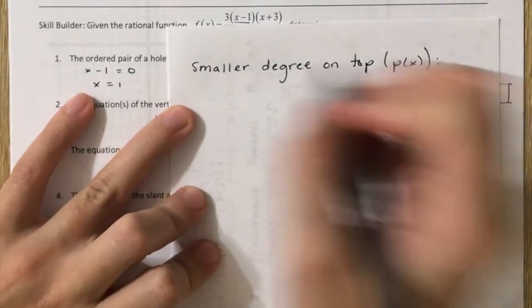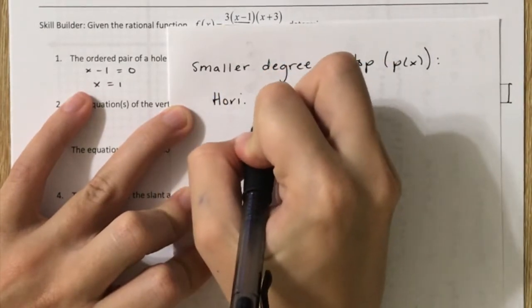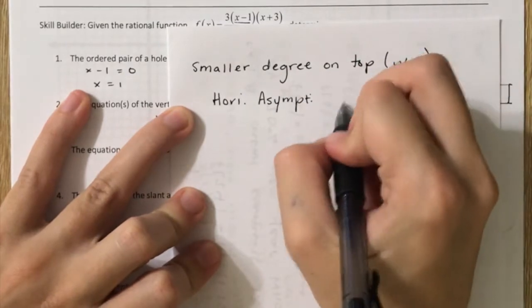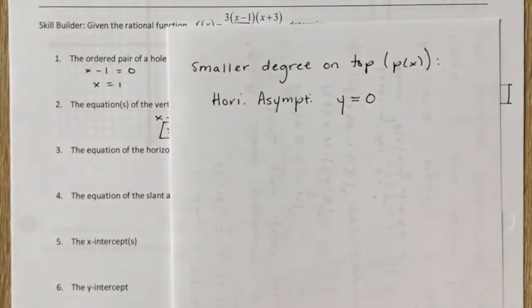When this was the case, we had a horizontal asymptote at y equals 0, right? Because since we had a larger degree on the bottom, we couldn't fit that function. If it was an x squared, we couldn't fit x squared into x, or if it was x cubed, we couldn't fit x cubed into x squared. So we end up with 0.